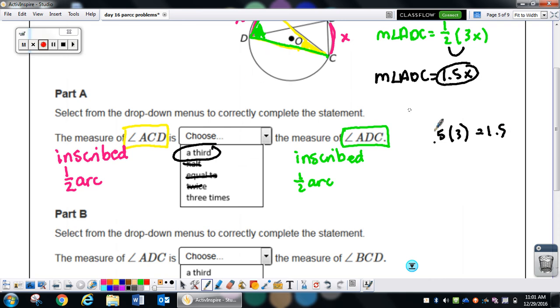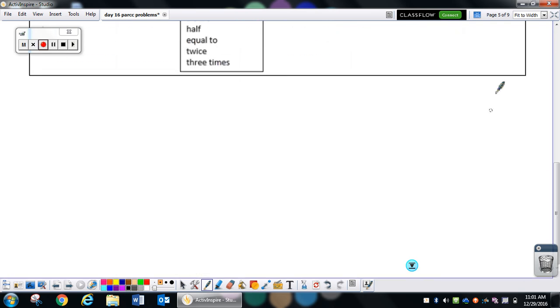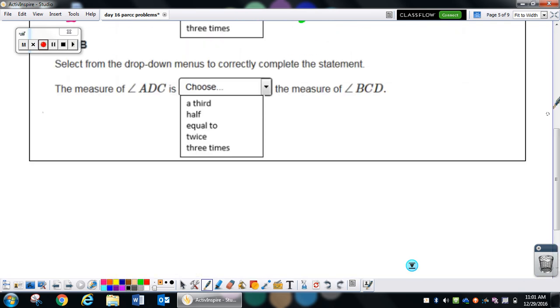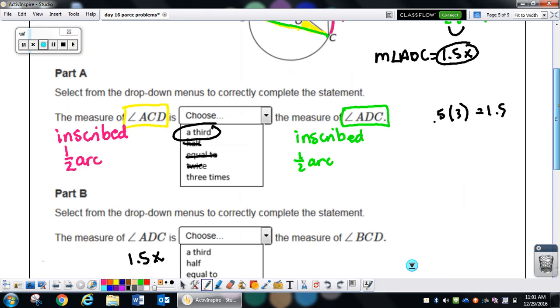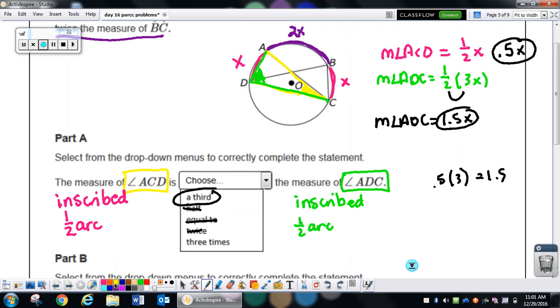Alright, the next one, they're asking you to compare the measure of angle ADC, which we now know is, however you want to write it, I'm just going to write it as 1.5x. How is that related to angle BCD? So you want to go back up and find the measure of angle BCD. BCD is this whole guy.